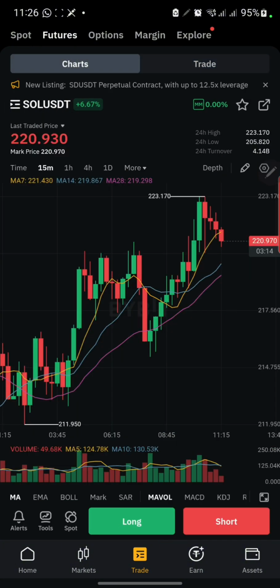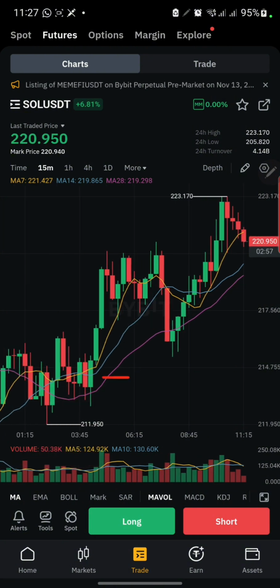Now in limit buy or limit sell, you believe that this Solana is currently trading at $220, and you expect it to come down to around $211, so you want the system to automatically buy it for you at $211.